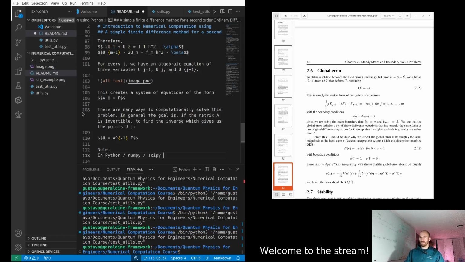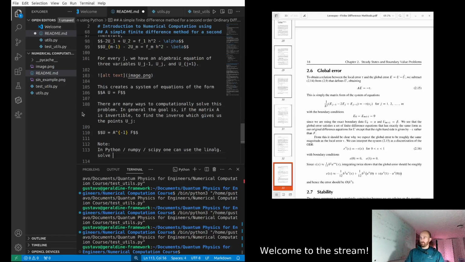These are the scientific computation libraries that Python has. One can use the linear algebra solve function to get u.